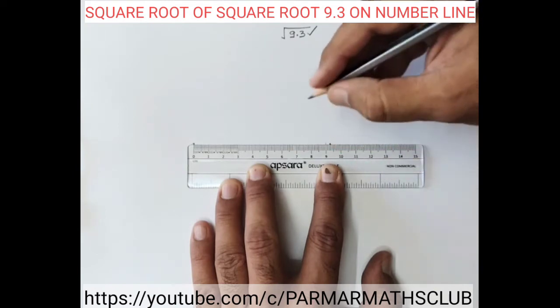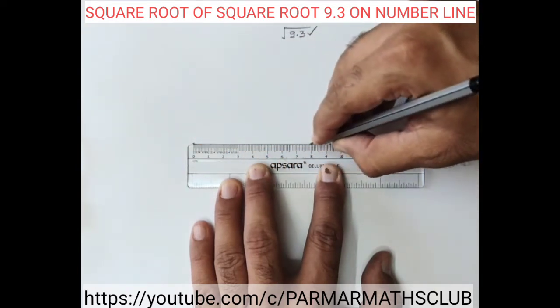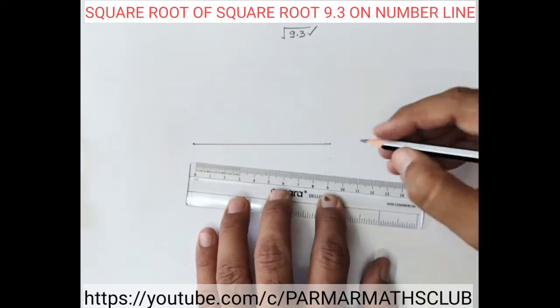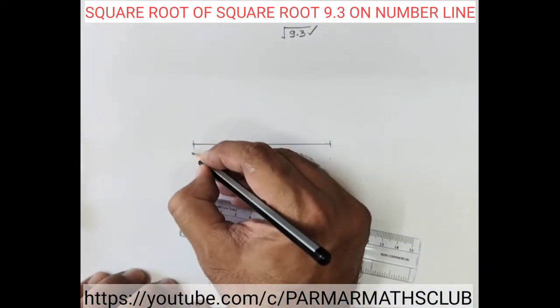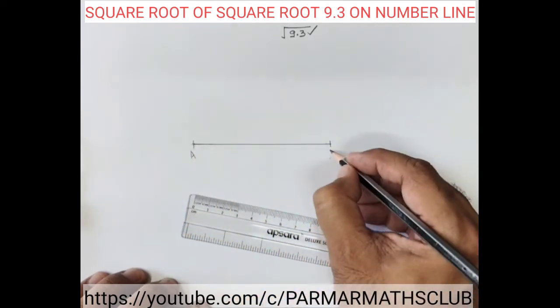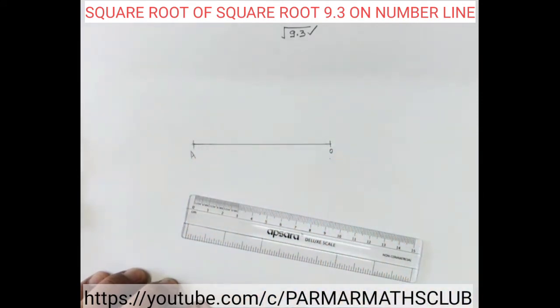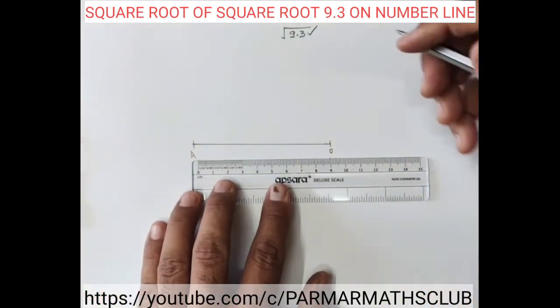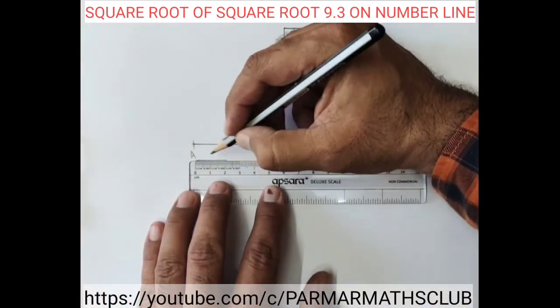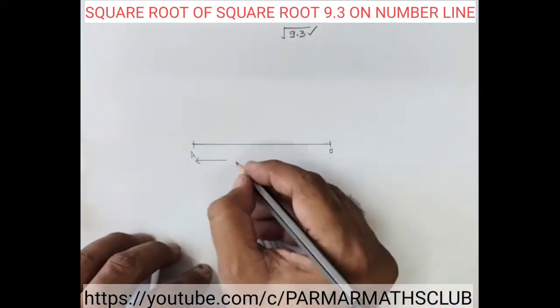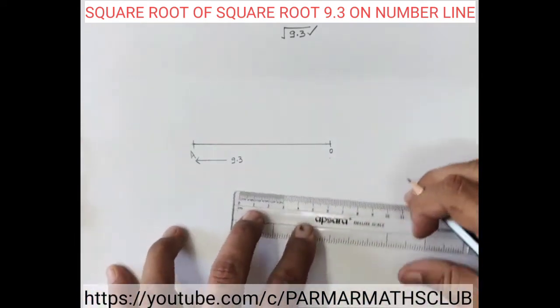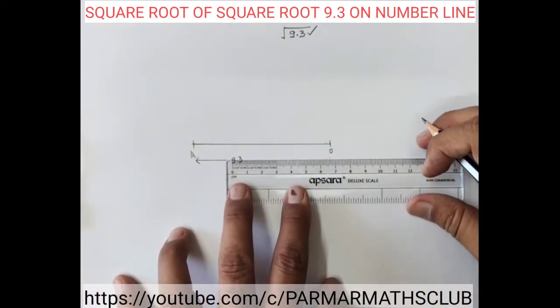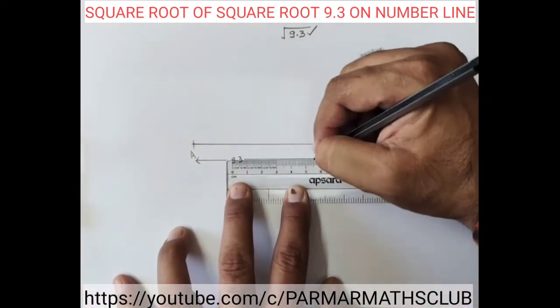Suppose we started with the point A, and this point is O. This length actually is 9.3, as we want to find the square root of this number 9.3.